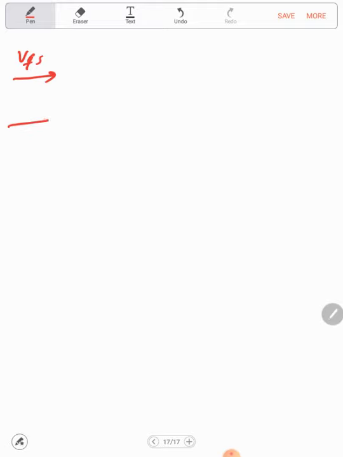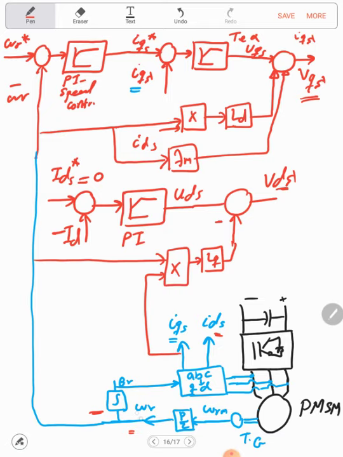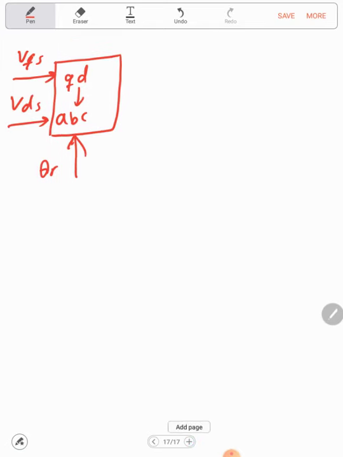So we'll use the transformation from the QD to the ABC with the help of theta r, and already we calculated theta r by the integration of omega r, and this will give the reference voltages VA reference, VB reference, VC reference.